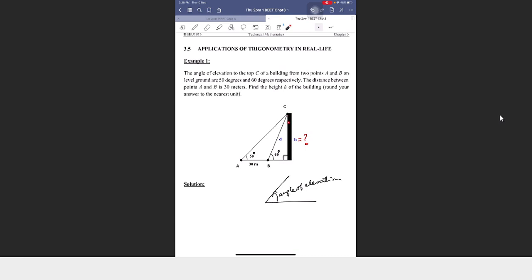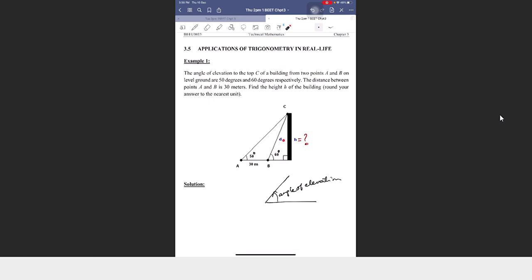If this is a right angle triangle, this is the angle, this side is the opposite, and this is the hypotenuse. The trigonometric ratio that relates these three is sine, isn't it? So sine 60 equals H over D.